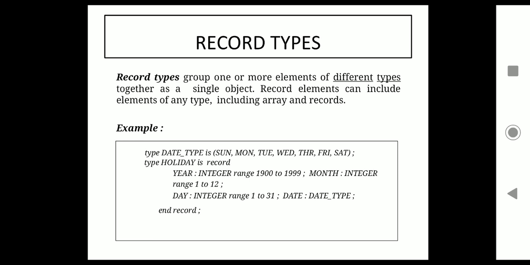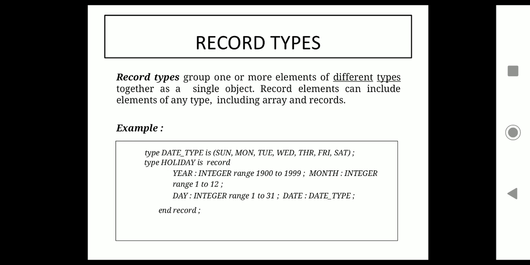Then the next data type is record types. Now what does record types mean? Record types group one or more elements of different types together as a single object. The difference between array and record is, an array is a group of one or more elements of the same type, but in a record different type elements can be clubbed together.